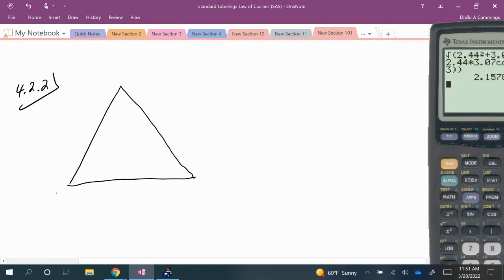Again, we have standard labeling, alpha, beta, and gamma. We're given that alpha is 41 degrees. We're given that B is 15. And we're given that C is 33.